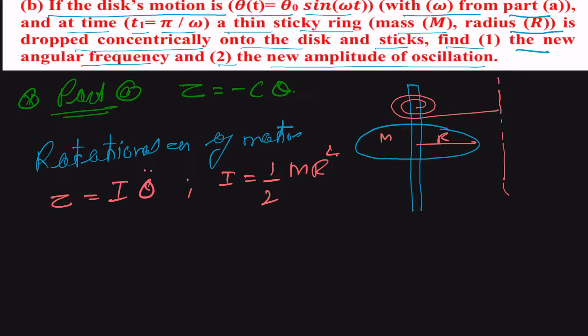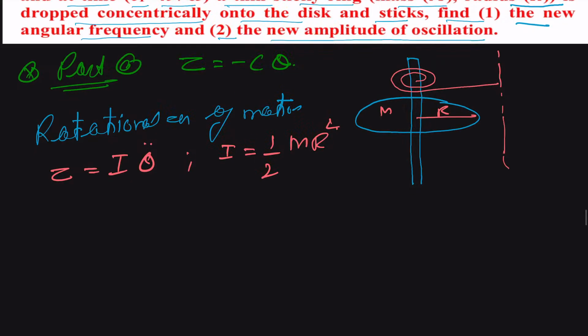We simply substitute it, and because these two torques balance each other, we can write one half m r squared theta double derivative is equal to minus C times theta, and this is nothing but our equation of SHM.